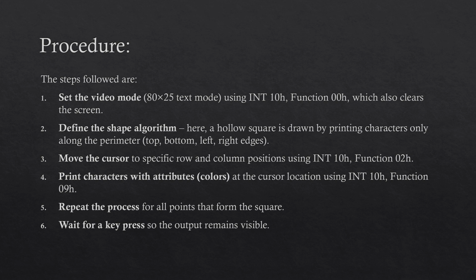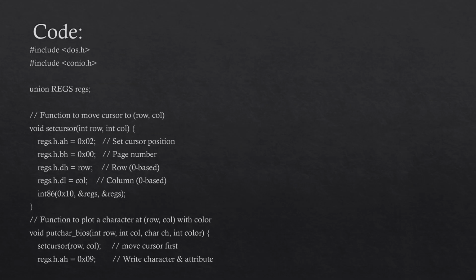Then move the cursor to the specific row and column positions using the interrupt and function 02H. Print characters with attributes, that is colors, at the cursor location. We will use function 09H. Repeat the process for all points that form the square and wait for a key press so that the output remains visible. So we'll start with the code.